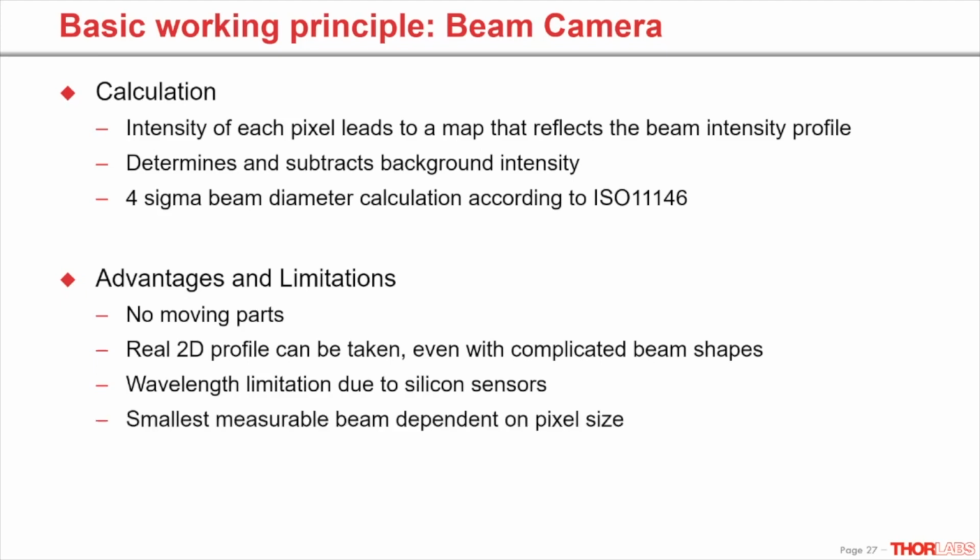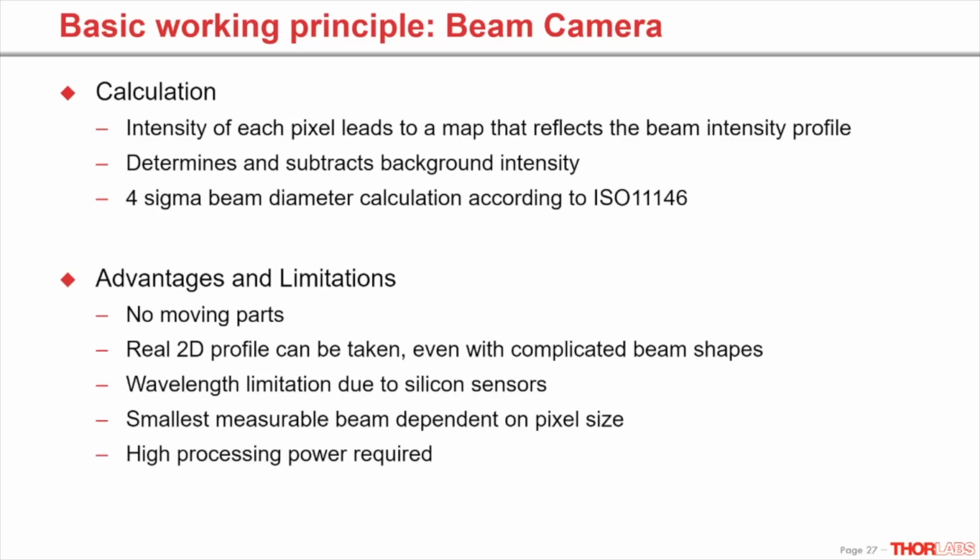In general, the pixel size limits the smallest measurable beam size. As a rule of thumb, the beam should be larger than some 4 times the pixel size to measure the diameter. So, for example, if the pixel size of the camera is 3.5 microns, the smallest measurable beam will be some 15 micrometers.